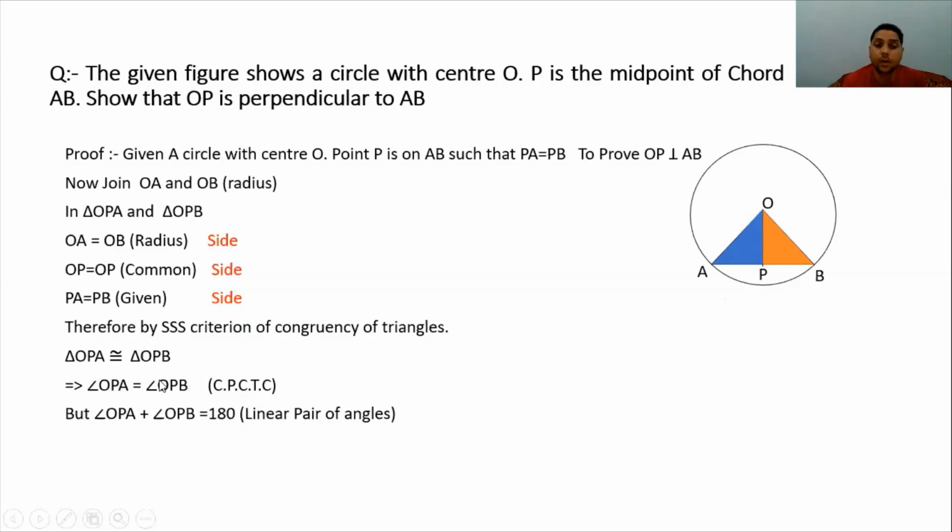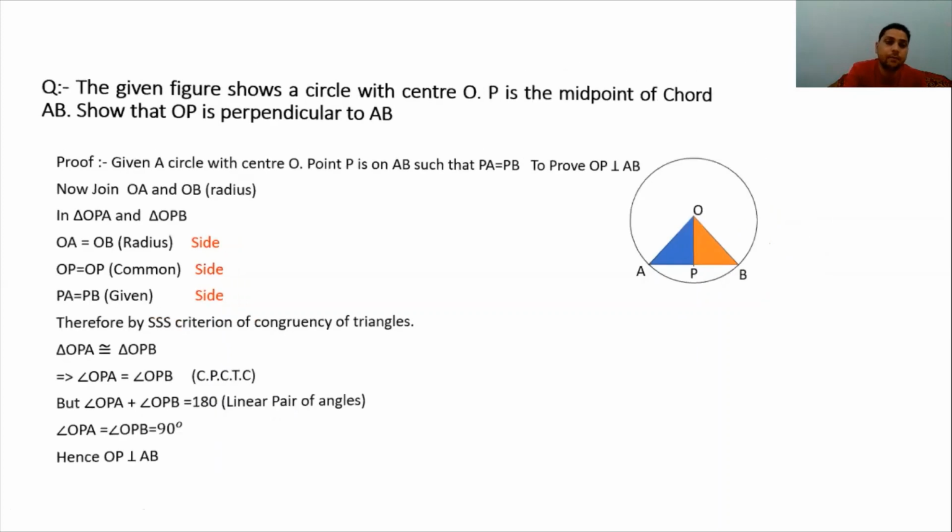But according to the earlier result, OPA is equal to OPB. So OPA plus OPA is equal to 180 degrees, which means both the angles are of measure 90 degrees each. Hence OP is perpendicular to AB.